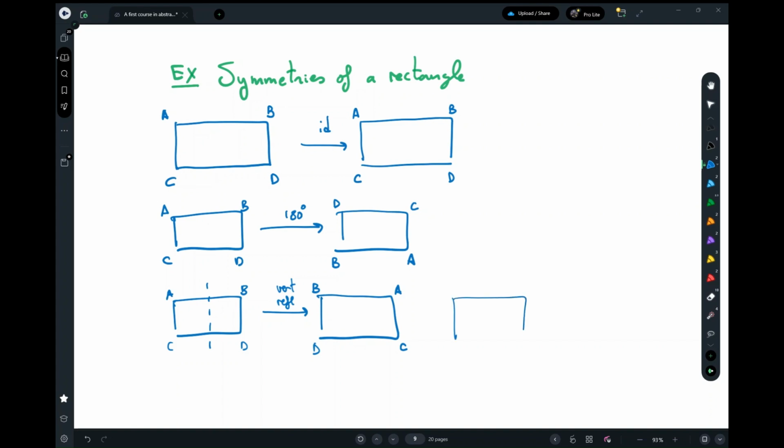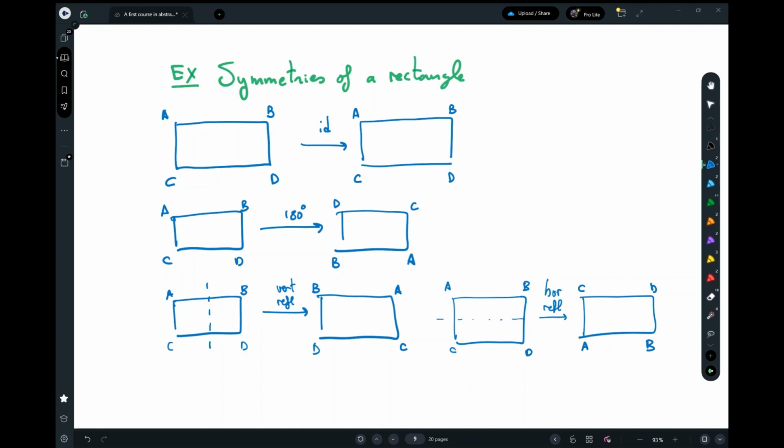And I can also do a horizontal reflection. So if this was A, B, C, and D, then now horizontally this will be A, B, C, and D. So this is a horizontal reflection.